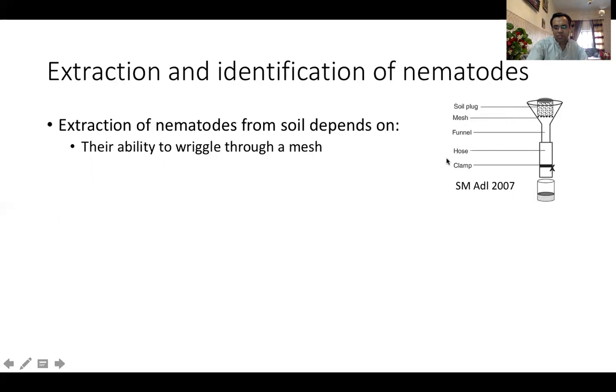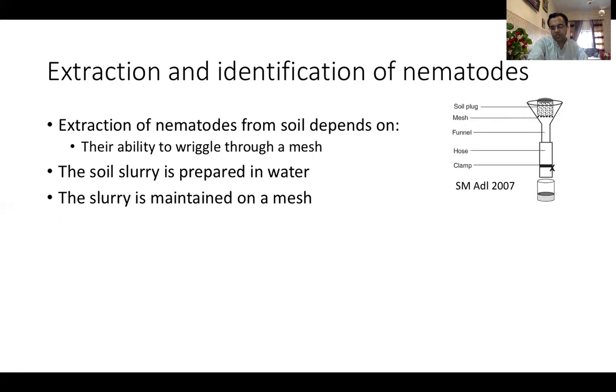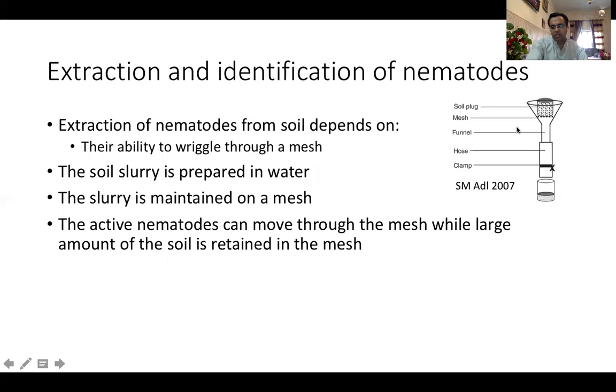Soil is placed in the form of a slurry, prepared in water. Then it is placed on the mesh here. The active nematodes can move through the mesh while a large amount of soil is retained on the mesh. The nematodes, along with water, come down into the funnel.